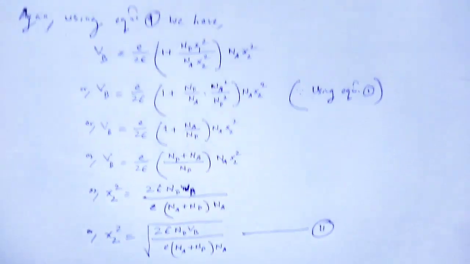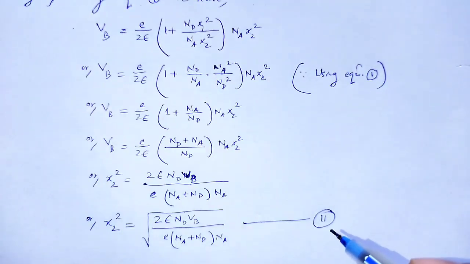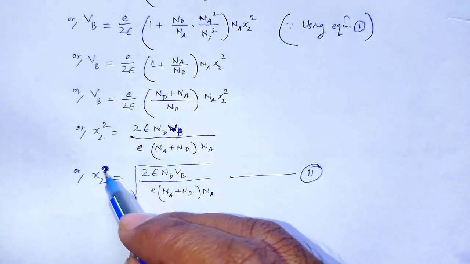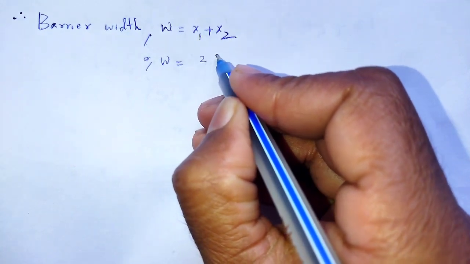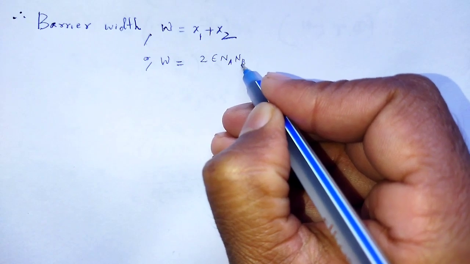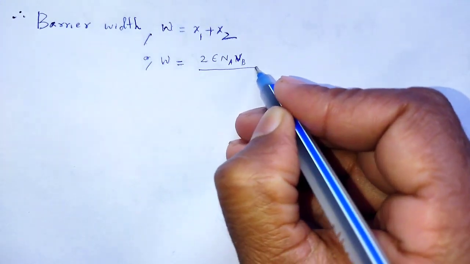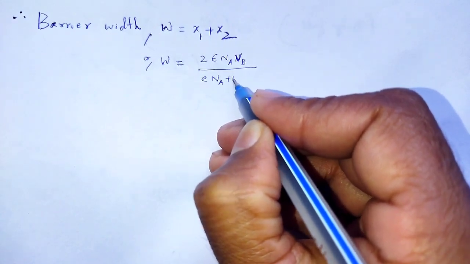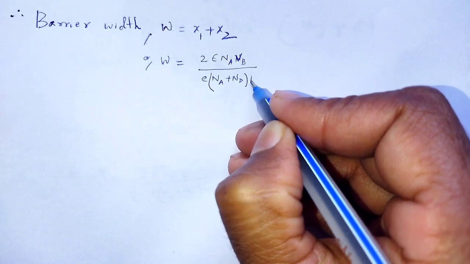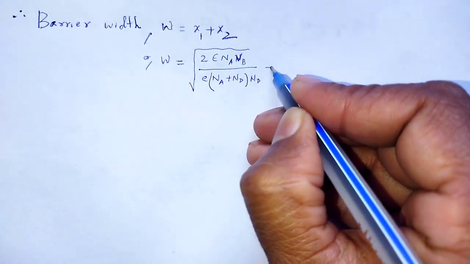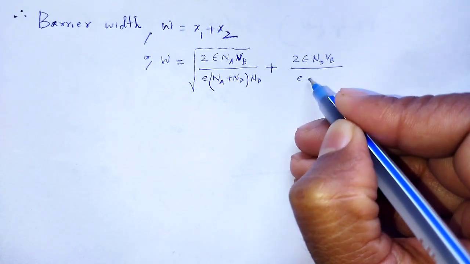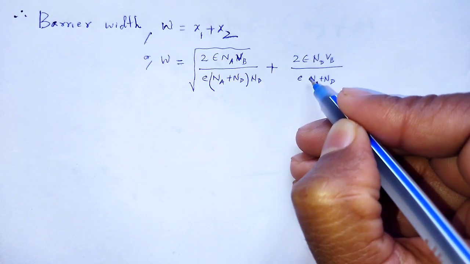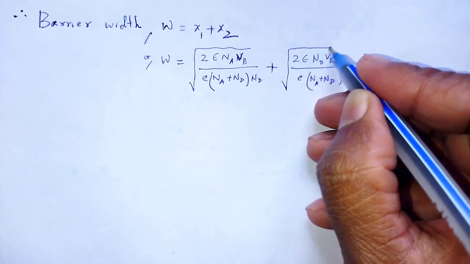Now the value of x1 from equation number 10 and value of x2 from equation number 11 is put, so W is equal to 2 epsilon Na Vb divided by E Na plus Nd whole into Nd under root plus 2 epsilon Nd Vb divided by E Na plus Nd whole into Na under root.